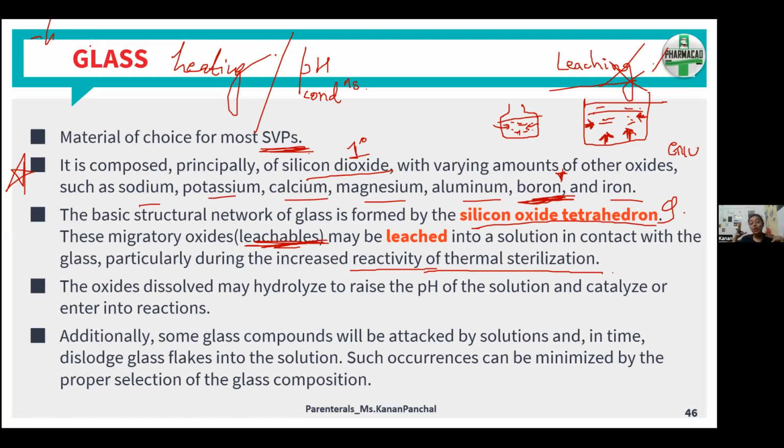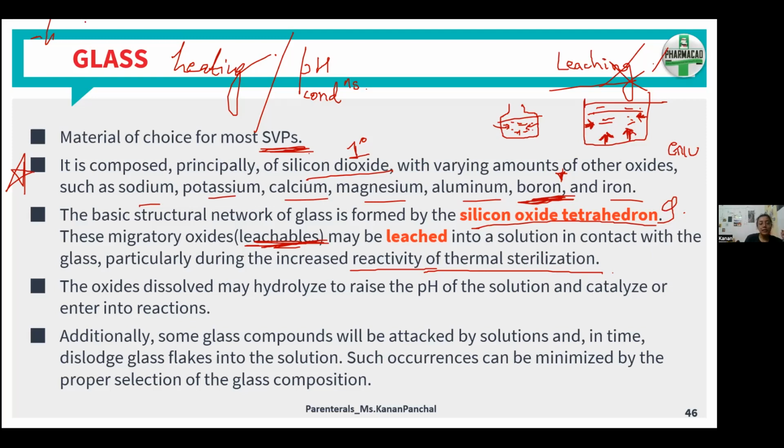Again तुम्हारा solution का pH अगर change हुआ, so जो भी तुम्हारे drug का pH dependent solubility है या फिर जो भी stability है, ये वो and all of that is going to be prone to degradation, right? It's going to enhance or catalyze the degradation, right? So leachables are, that is why leachables aren't good and it can lead to degradation of your products.